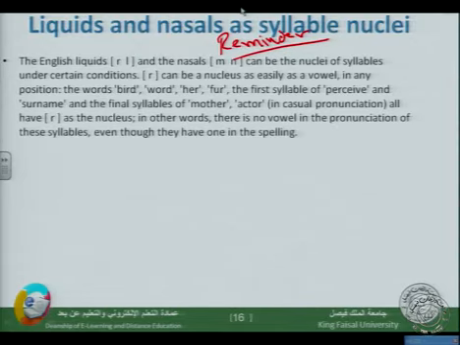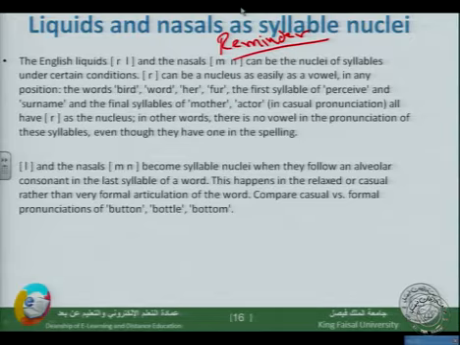The R can be a nucleus as easily as a vowel in any position, like the words bird, word, hair, fur. So the first syllable of perceive, surname, and the final syllables of mother, actor, in casual pronunciation all have R as a nucleus. In other words, there is no vowel in the pronunciation of these syllables, even though they have one in the spelling.